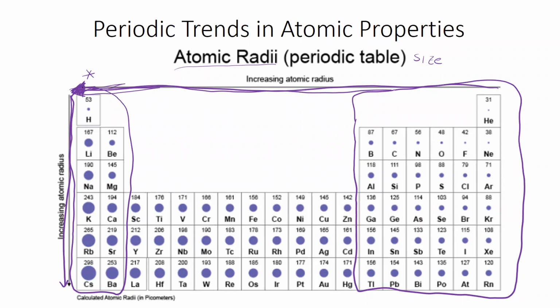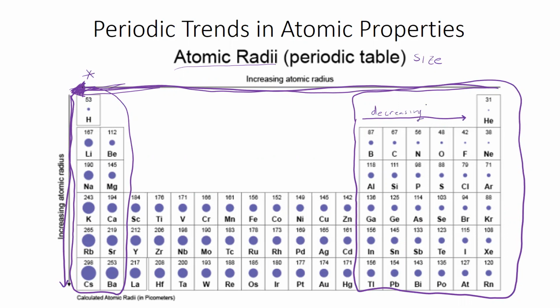We say the atomic radius is increasing from right to left. It might actually help us to think about this in the other direction. So let's look at the second period, if we look at boron, carbon, nitrogen, oxygen, fluorine in particular. If it's increasing from right to left, it would be decreasing from left to right.